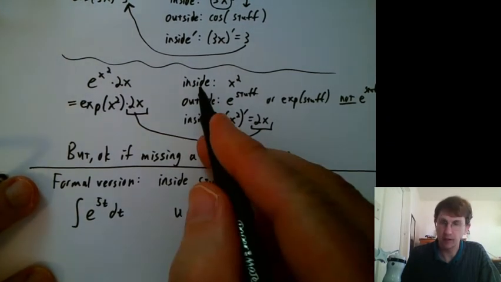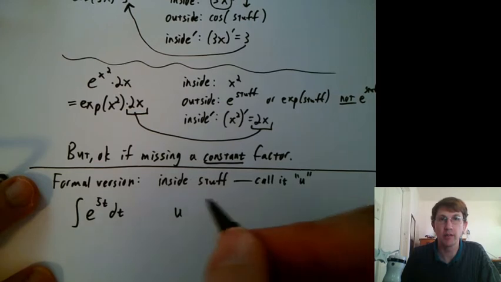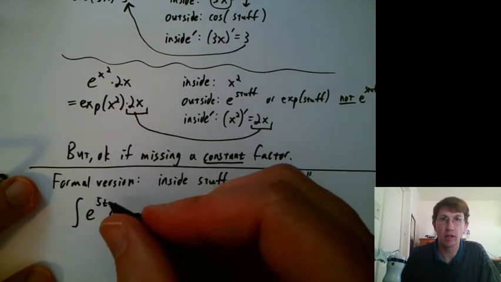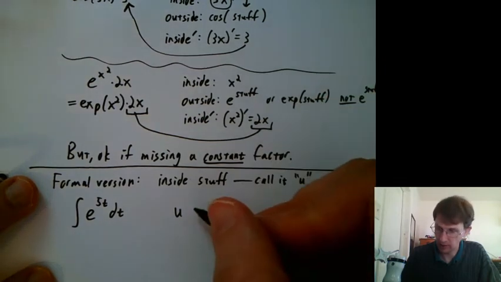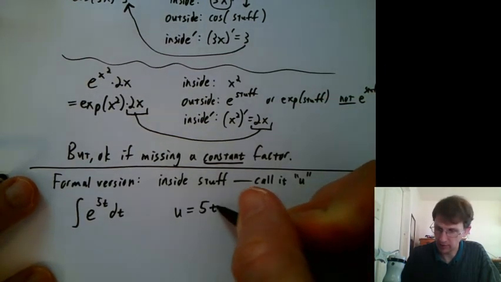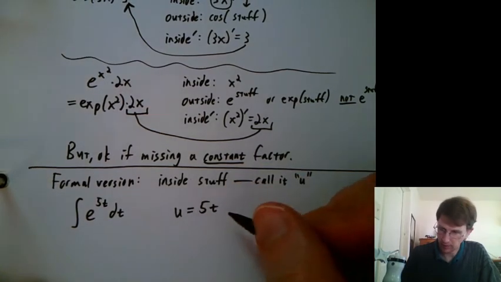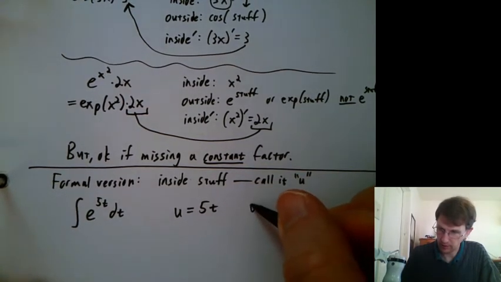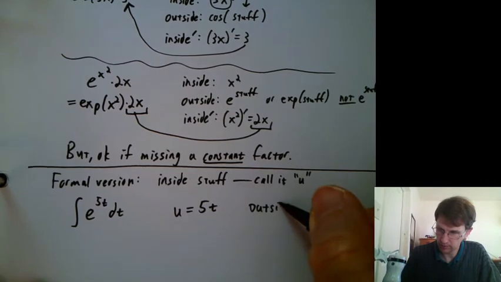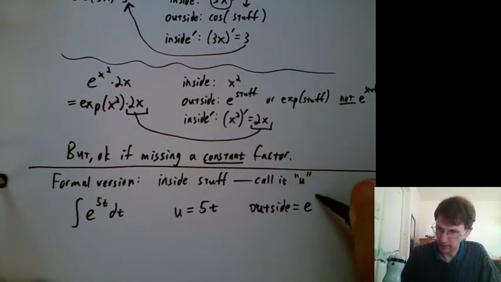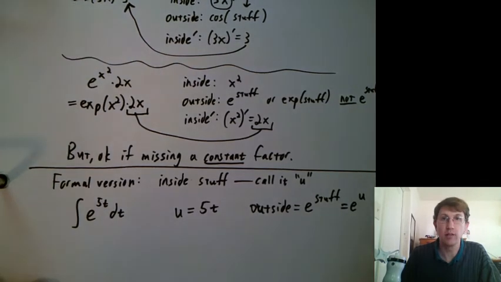Instead of saying inside equals x squared or inside equals t squared or something, I'm going to say u equals 5t. That's my way of saying what the inside stuff is. And the outside is e to the stuff, or e to the u.